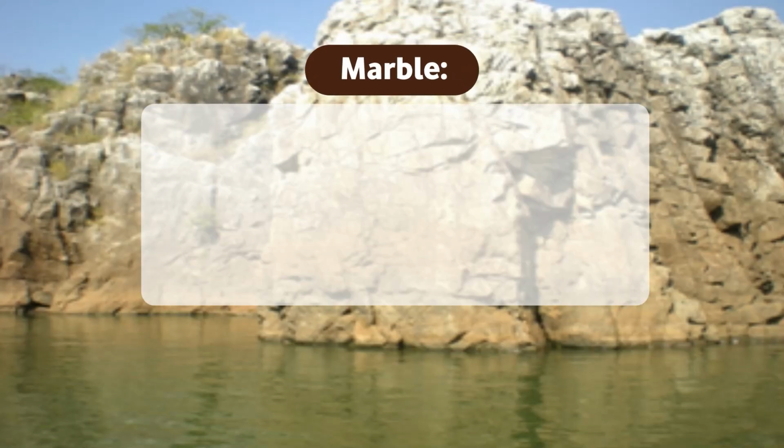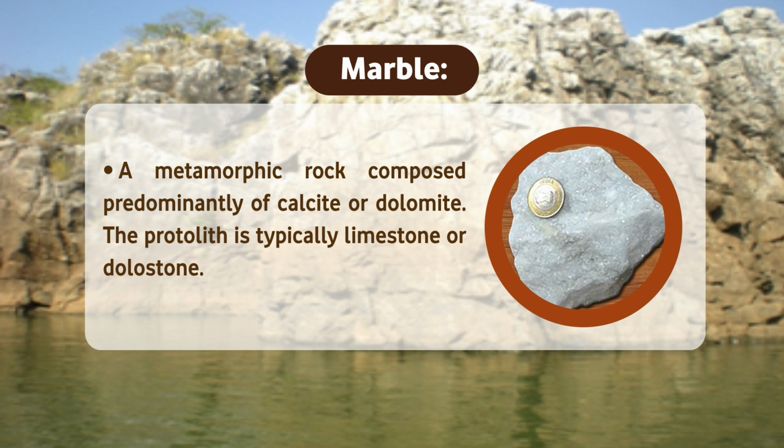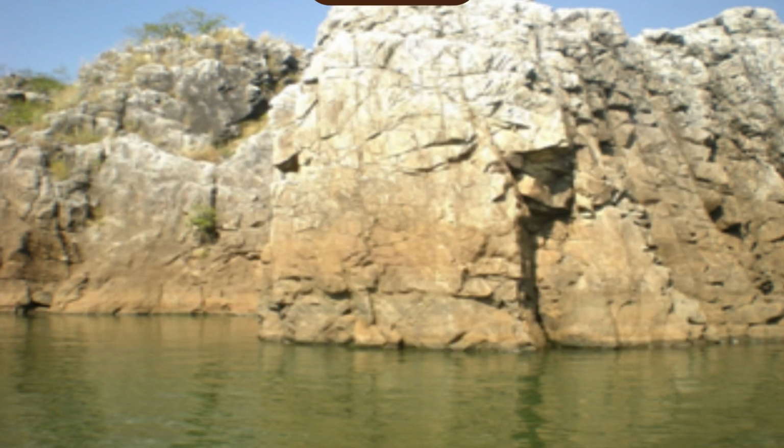A metamorphic rock composed predominantly of calcite or dolomite is called a marble. The protolith is typically limestone or dolostone, as you can clearly see here. Here you have an example of a marble. In the Indian terrain, marble is known from the Rajasthan locality, that is the Aravalli Delhi Fold Belt.